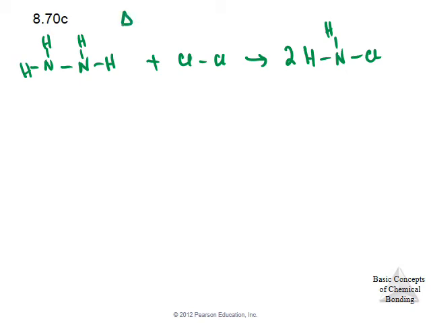Again it's the same kind of question: calculate, or estimate, the heat of reaction based on bond enthalpies. Here we are also going to ask the same question: what is the minimum number of bonds that I need to break, and on the right-hand side, what is the minimum number of bonds that I need to make?